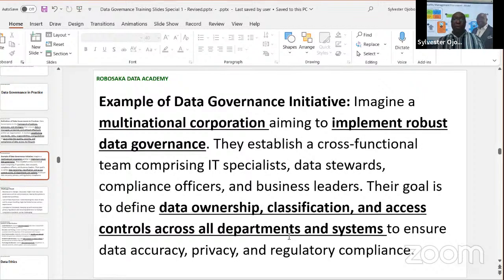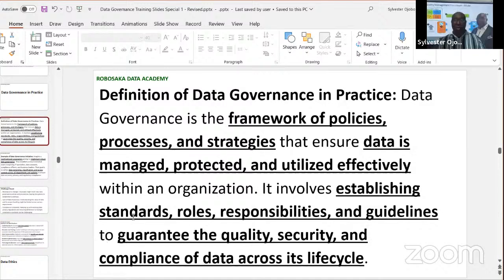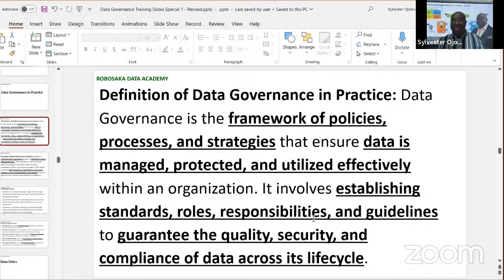They will help you to ensure the roles, responsibilities, guidance and standards are established. Standards, rules and responsibilities. Rules, responsibilities, and guidelines.